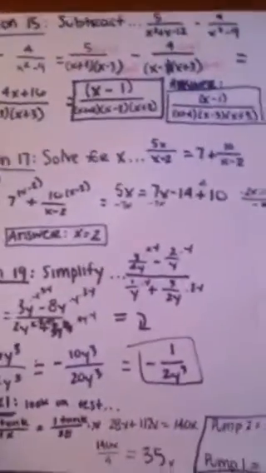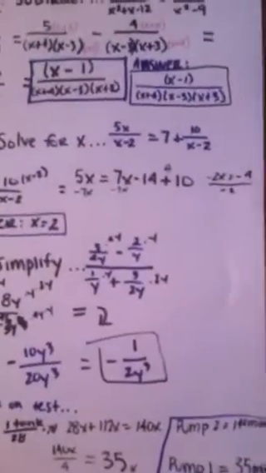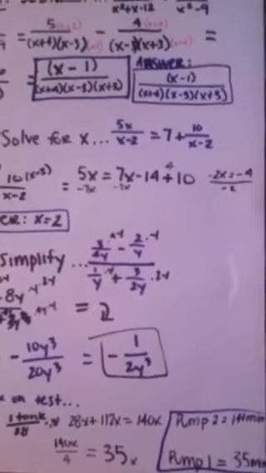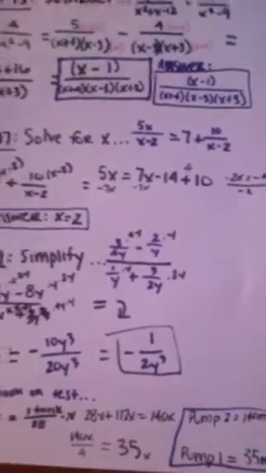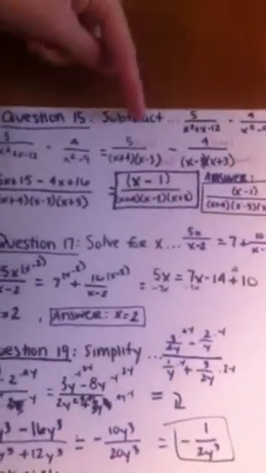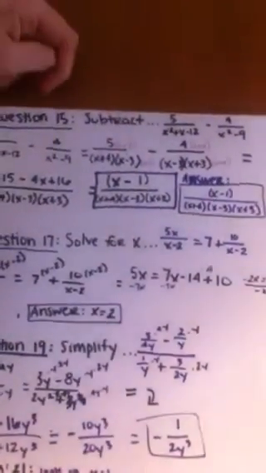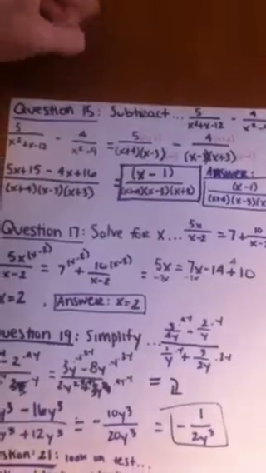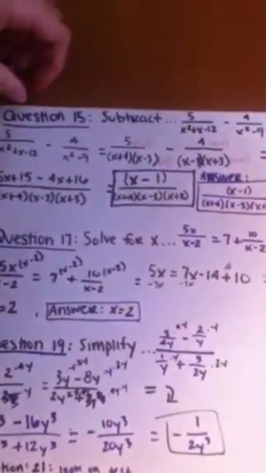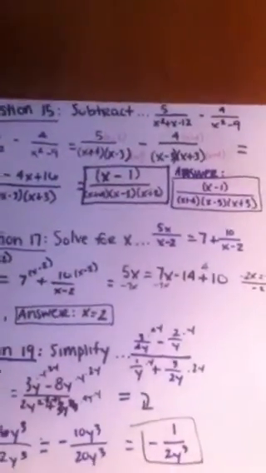Then number 15, I simplified wrong. What I need to do is, right after I distributed these, I crossed them out because I hadn't distributed them yet, but I had to find a common denominator because you had to subtract.